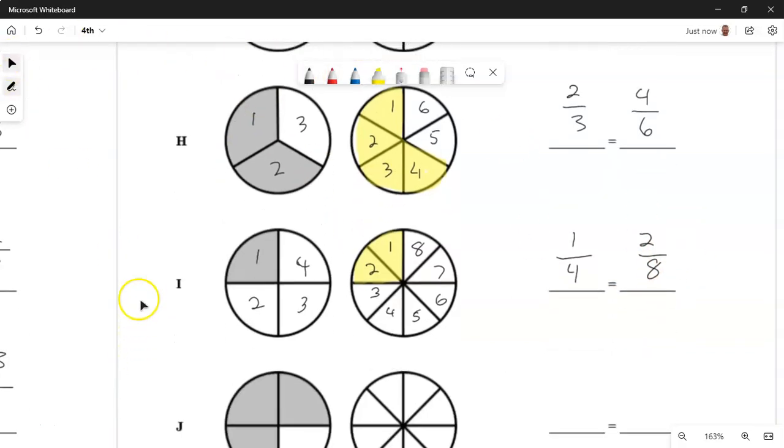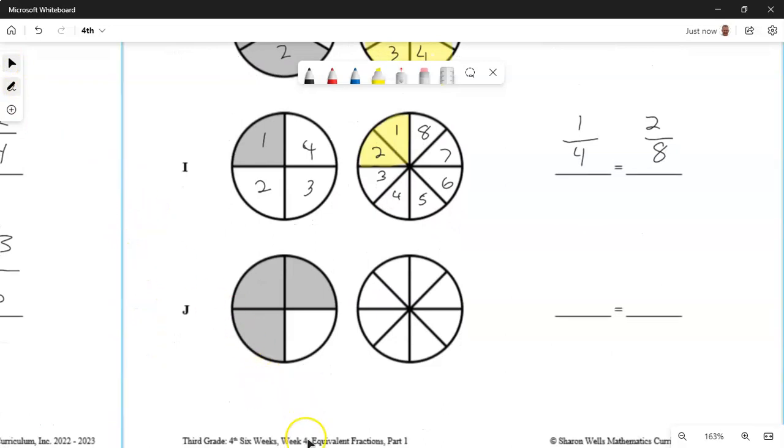And we'll go down here and look at the last problem. I have 1, 2, 3 parts shaded. My numerator is going to be 3 out of 4 total parts. So that's 3/4. If I shade in the same amount, it will look like all of it except for 2 of the parts shaded.